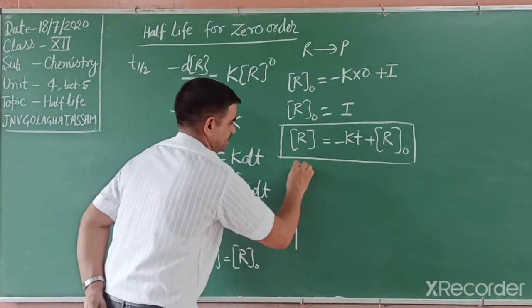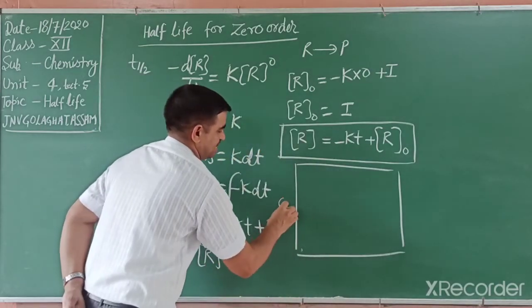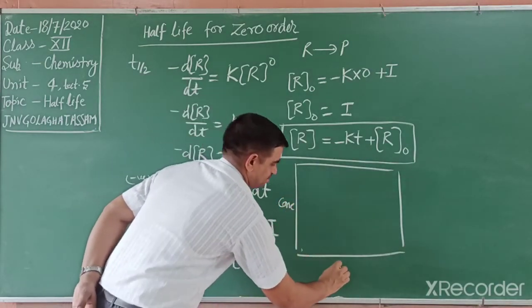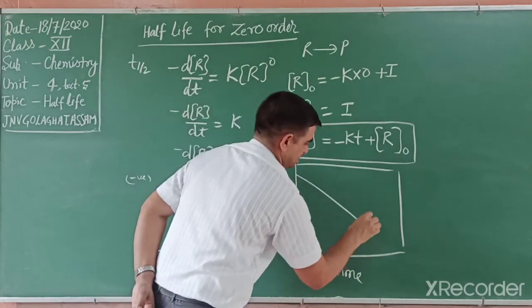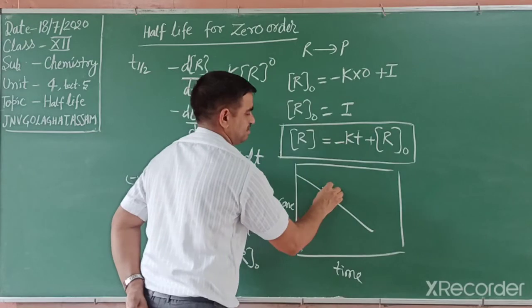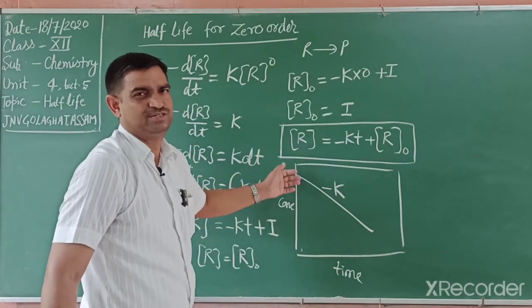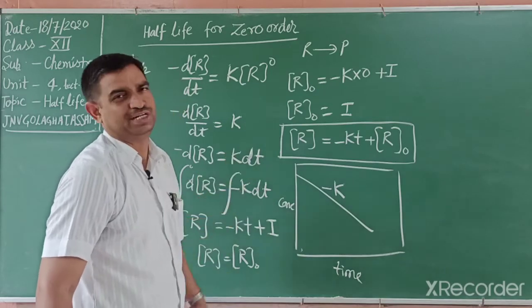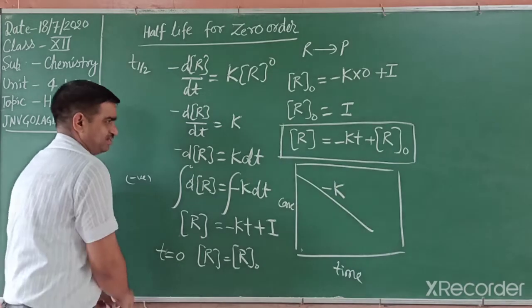If we plot a curve, then in this way, this side we take concentration and this side time, then we get a straight line, that is negative slope. So students, if you learn 2-3 times, then easily you can remember this zero order reaction.